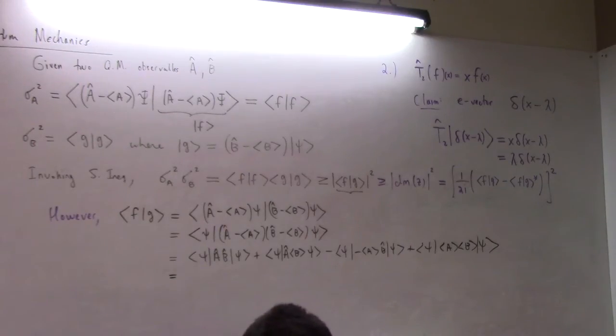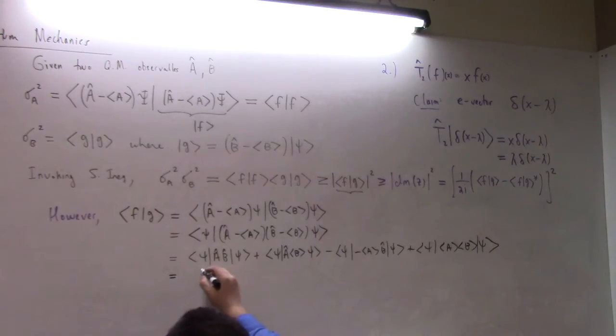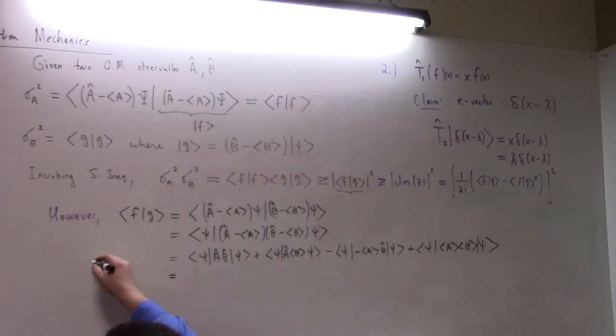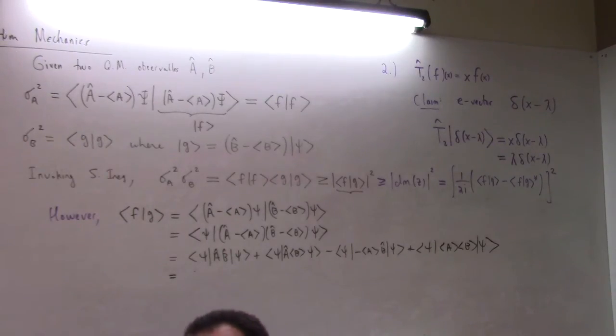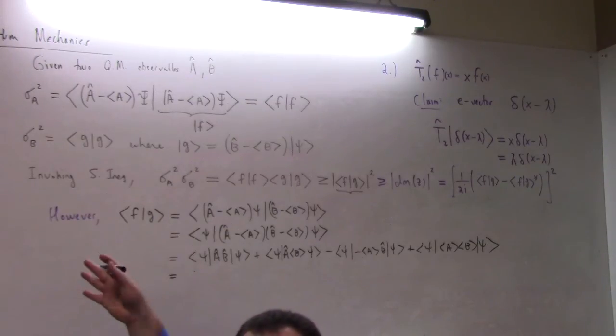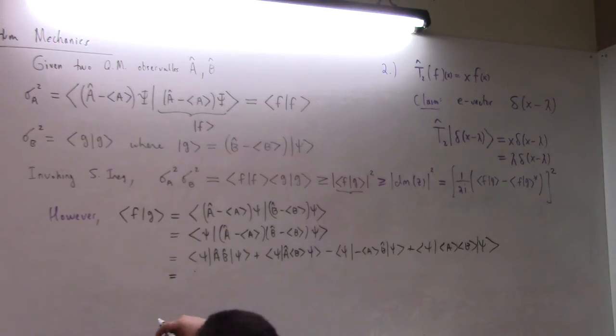Okay, so we're also assuming that the wave function psi is normalized. We'll get to that in a second. Our rule was sesquilinearity. We have linearity in the ket, but conjugate linearity in the bra, in the sense that you can pull scalars out with a conjugate in the first one, but not the second one.